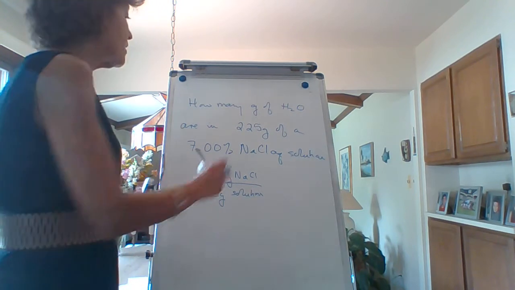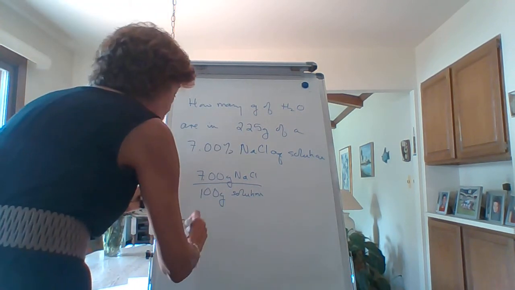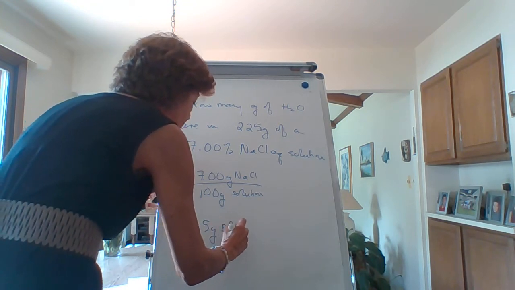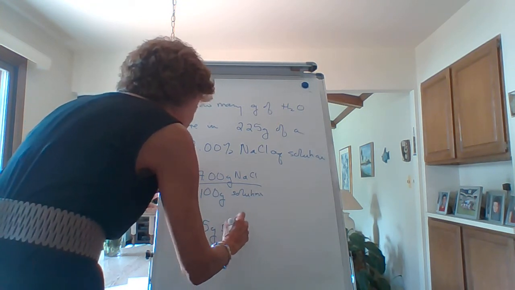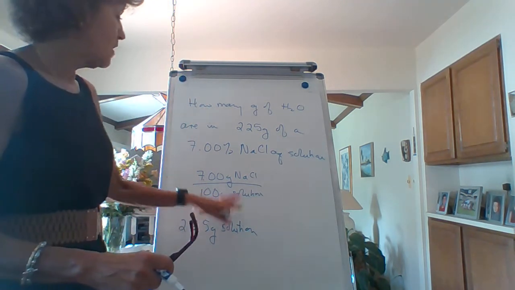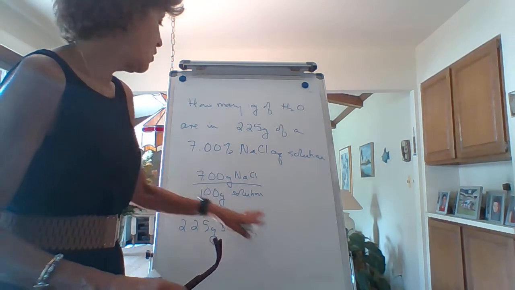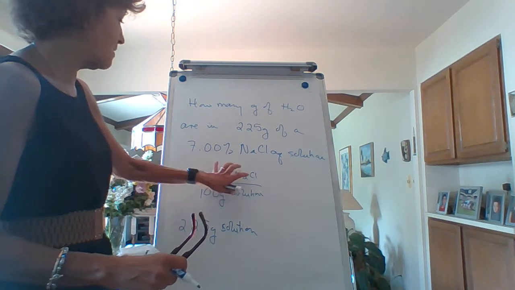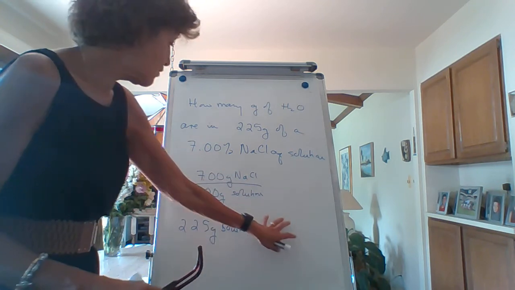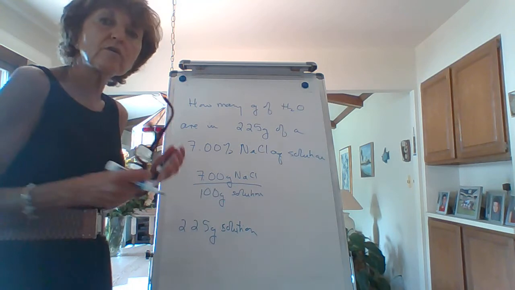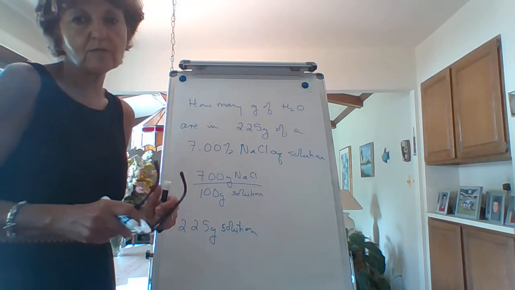Okay, what do we have? We have 225 grams of solution, because that's what the problem said. So very good. If we use it this way, we're going to end up with grams of sodium chloride at the end. If we take this as a conversion factor, yeah, great, we'll cancel out grams of solution, but we're not going to end up with grams of water.